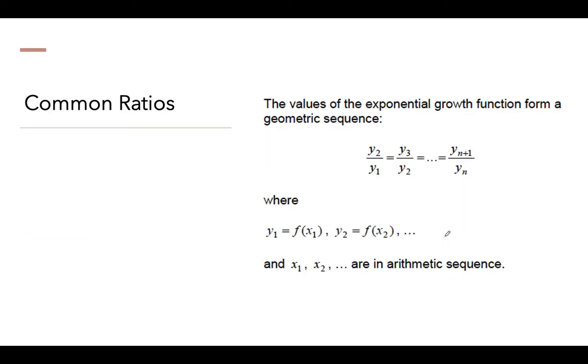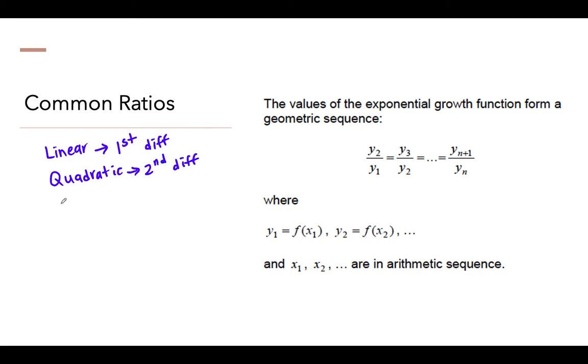Common ratio. We talked about, for a linear relation, the first difference is constant. For quadratic, we found out that the second difference is constant.